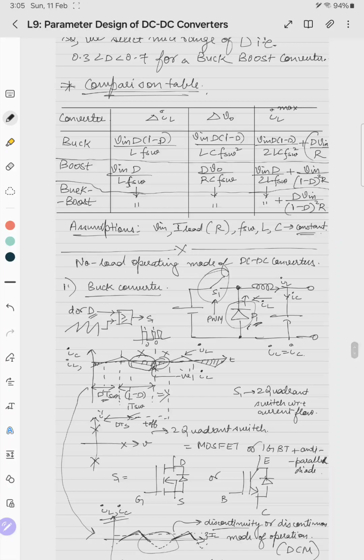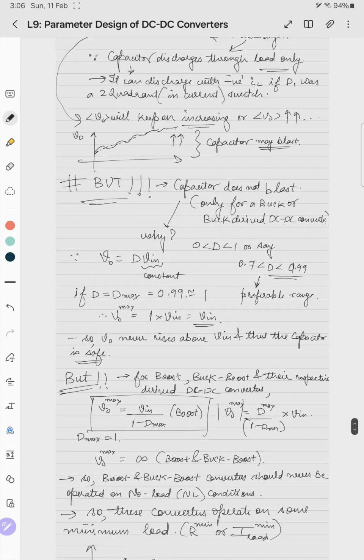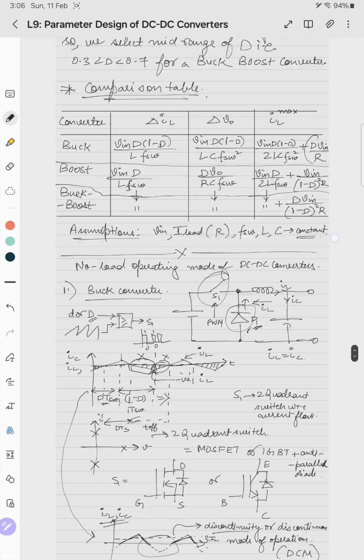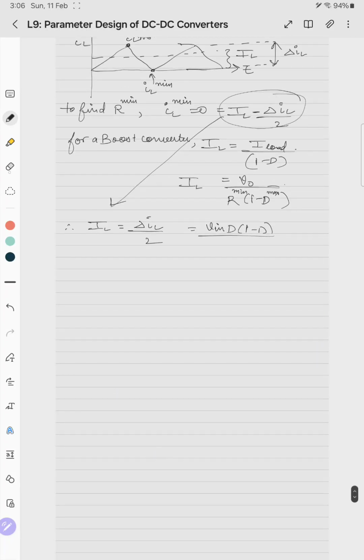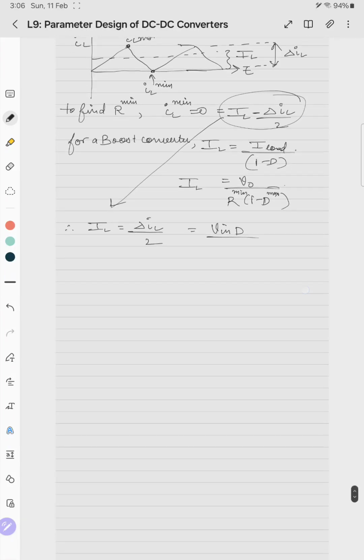Delta IL for a boost converter was V in into D by L into F switching. This divided by 2. This is now capital IL equals to capital IL.